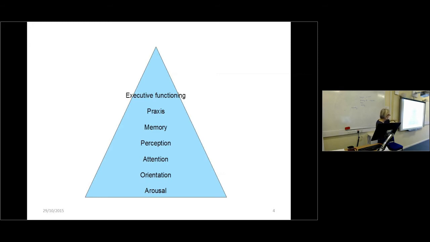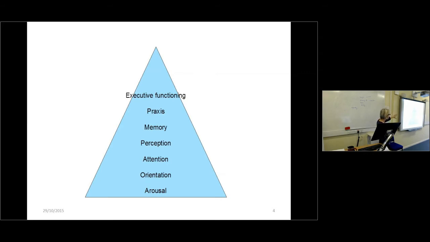And quite often, the bottom layers like arousal and orientation are the more severe. So when people have got problems with arousal and they're very disorientated, then it's more obvious that they've got more significant damage or more significant cognitive changes. And executive function we'll come to last.